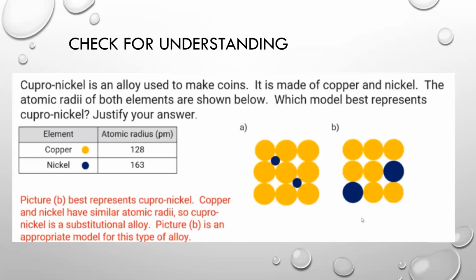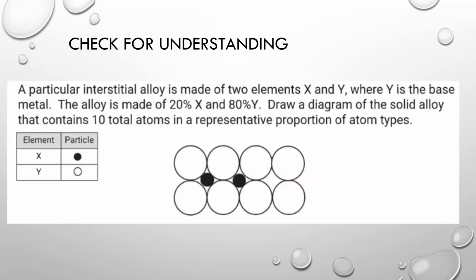Also, remember we deal with interstitial and substitutional. Substitutional where they have roughly the same state, same size particle, and interstitial where one particle size is a lot larger than the other. So we also have one of these problems on our test where we're looking at the percentage.